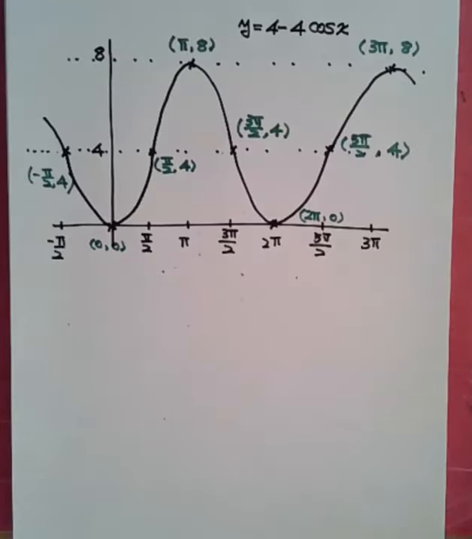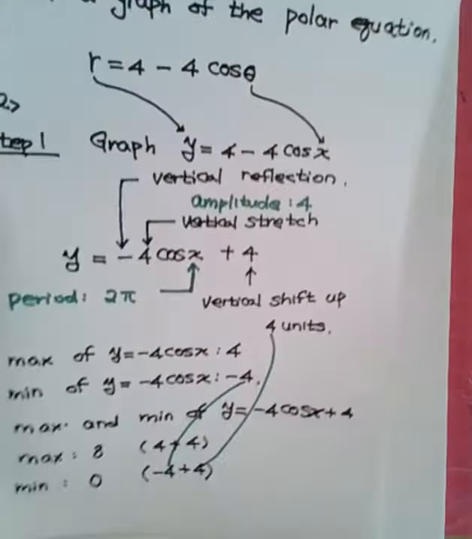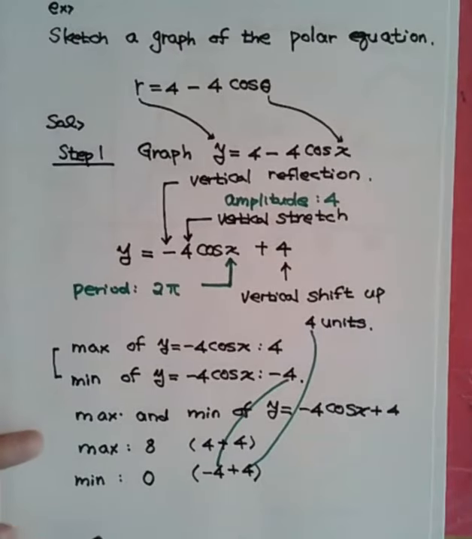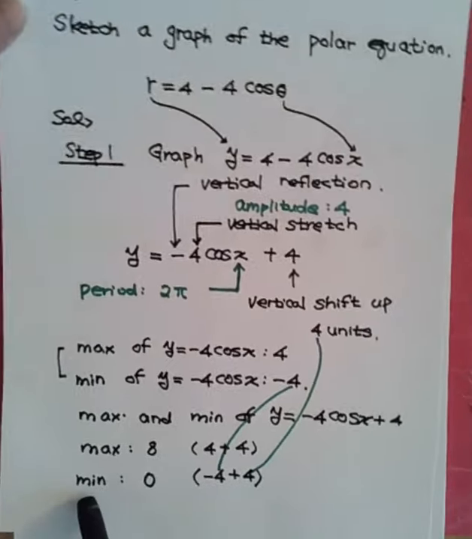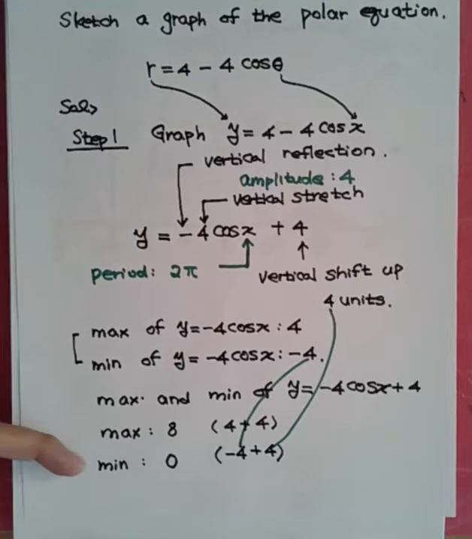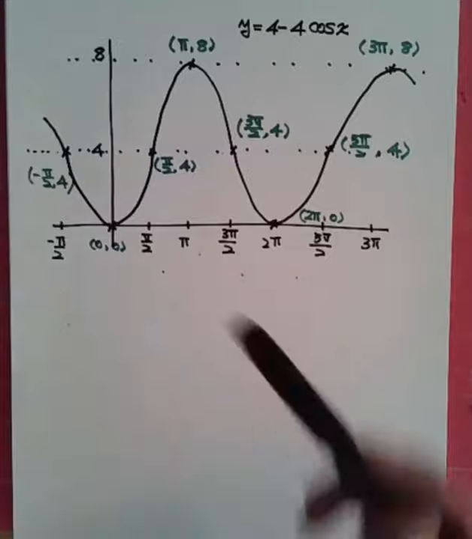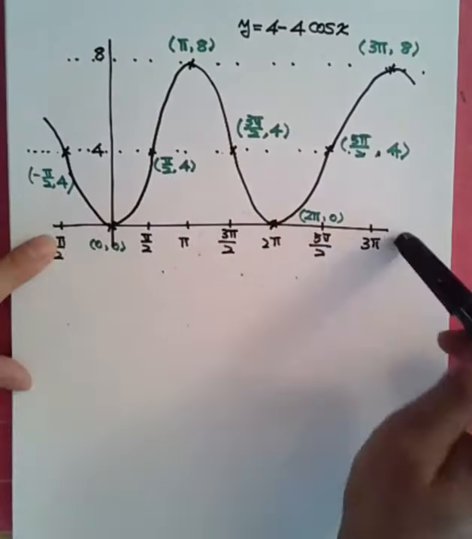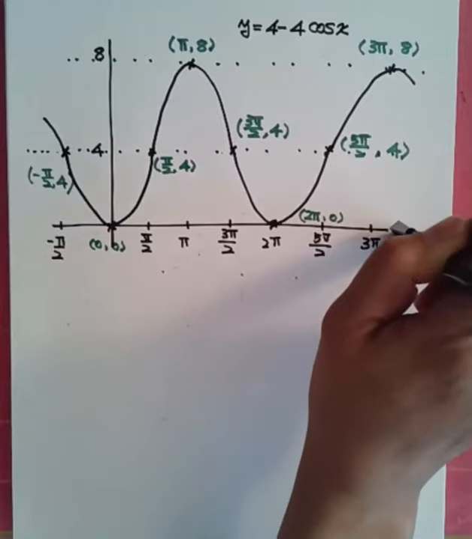When we combine all those information, we will get this graph. What we know is the maximum value of the graph must be 8 and the minimum value of the graph must be 0. So this line is maximum and this line is minimum.